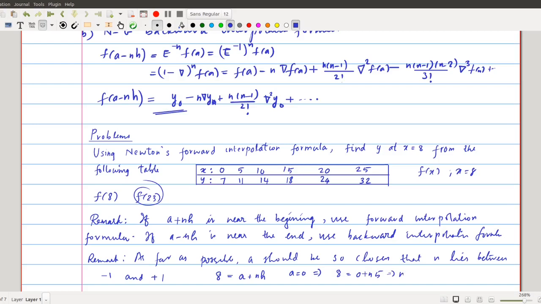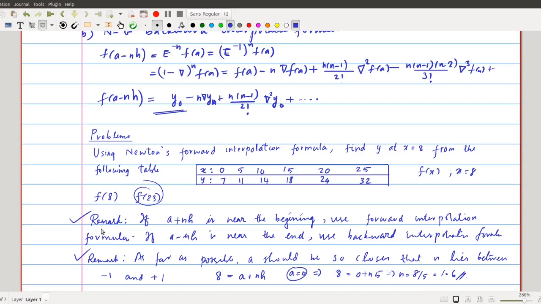This implies n will be 8 by 5, that will be 1.6. So we need to choose a in such a way that n should lie between -1 and 1. That will give a more accurate value for f of 8. Okay, so please note these two remarks.